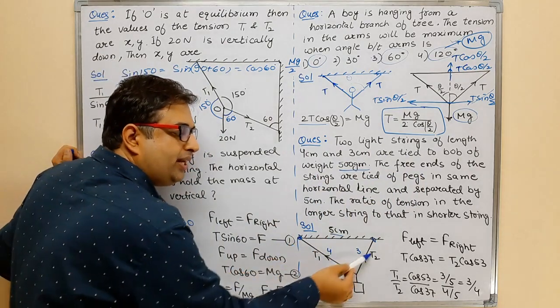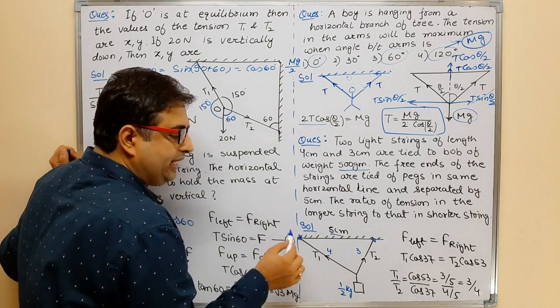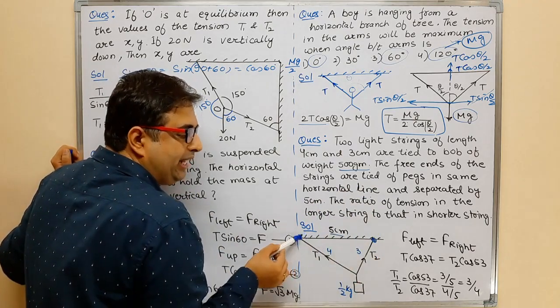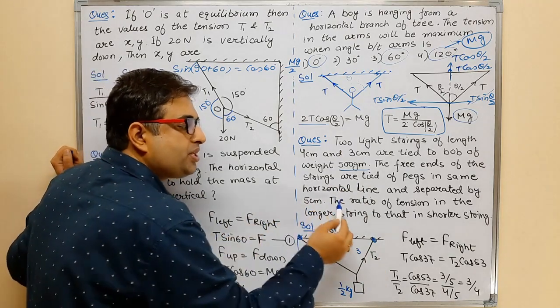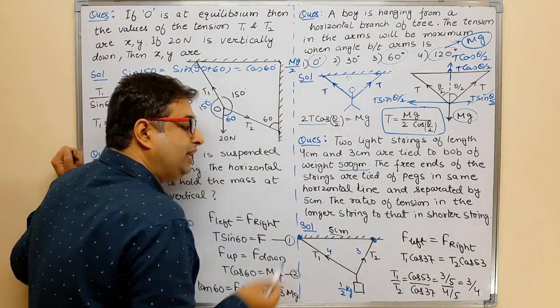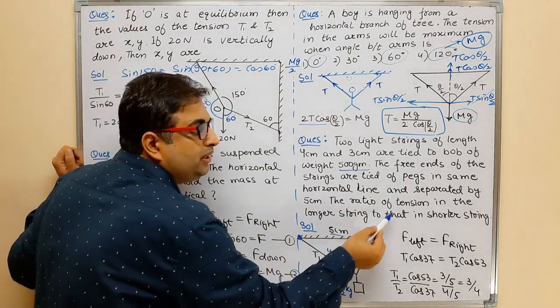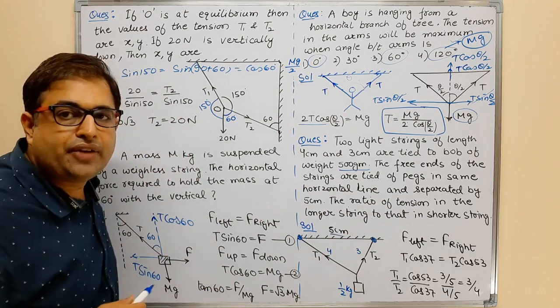So these two are the strings, 4 cm and 3 cm, and these two strings are connected with the roof at a distance of 5 cm. Now what is the question? The question is the ratio of tension in the longer string, that means T1, to that of the shorter string, that means T2.